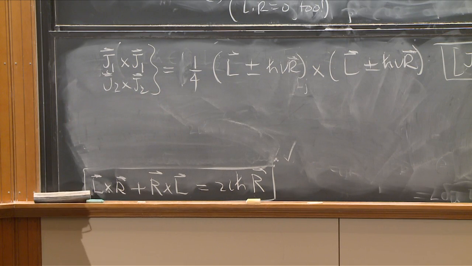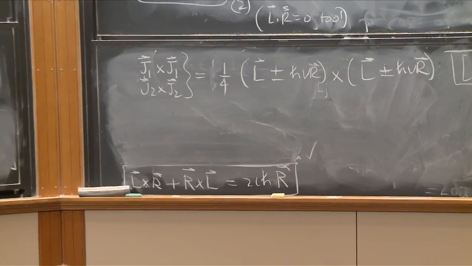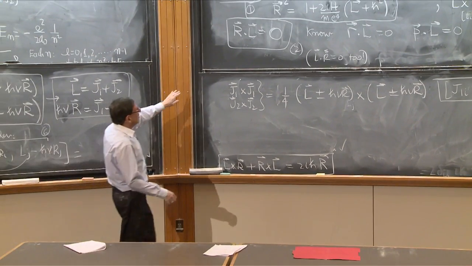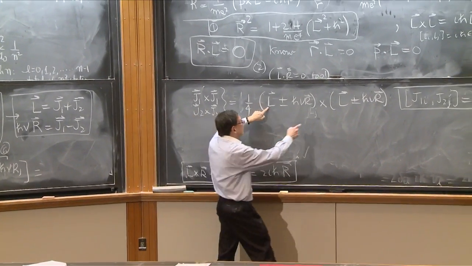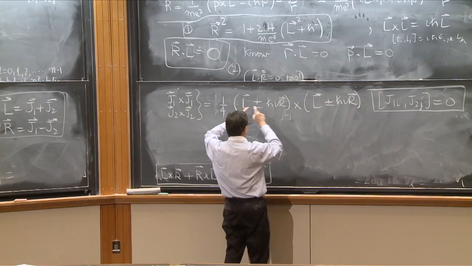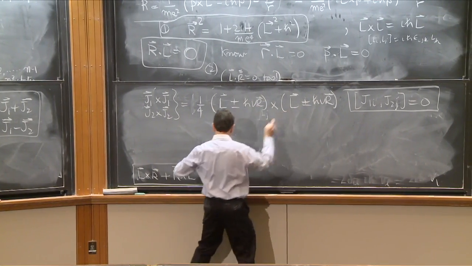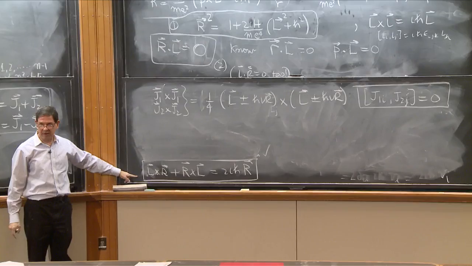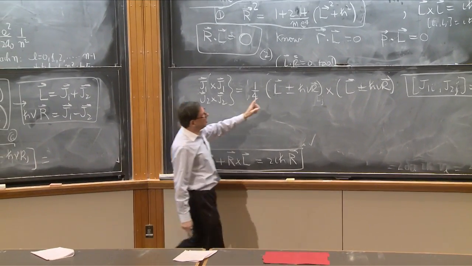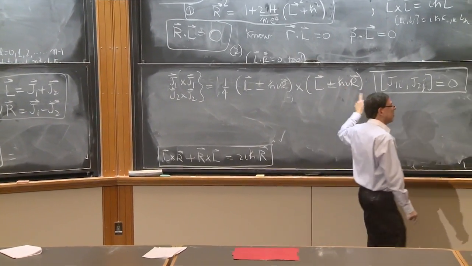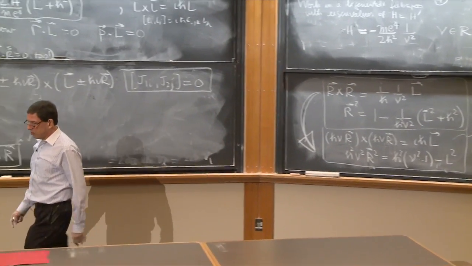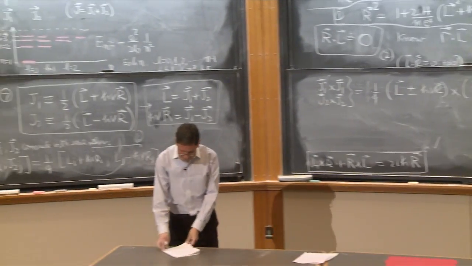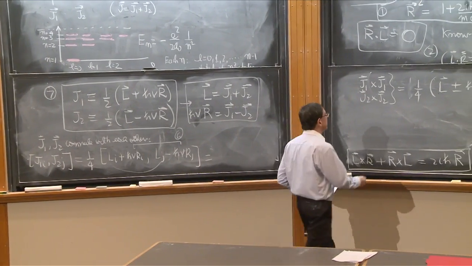Okay, that doesn't look bad at all, especially because we have all these formulas for products. So look, you have L cross L, which we know. Then you have L cross R plus R cross L, that is conveniently here. And finally, you have R cross R, which is here. So it's all sort of done in a way that the computation should be easy.